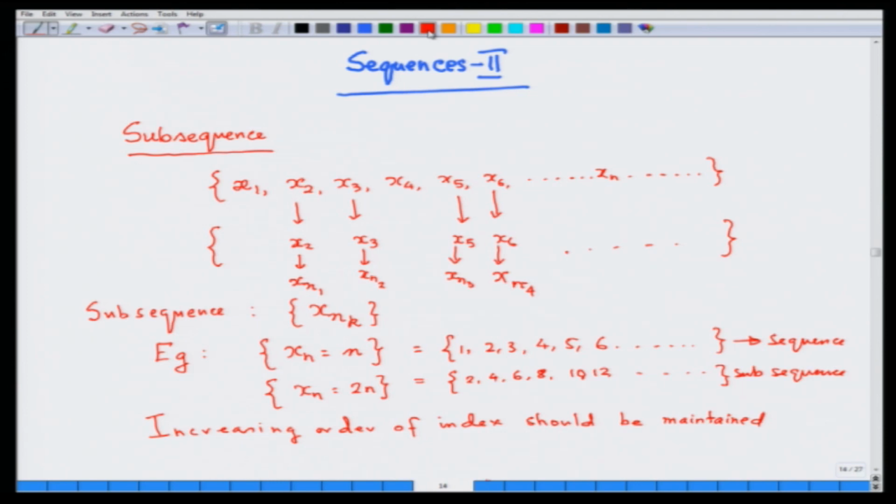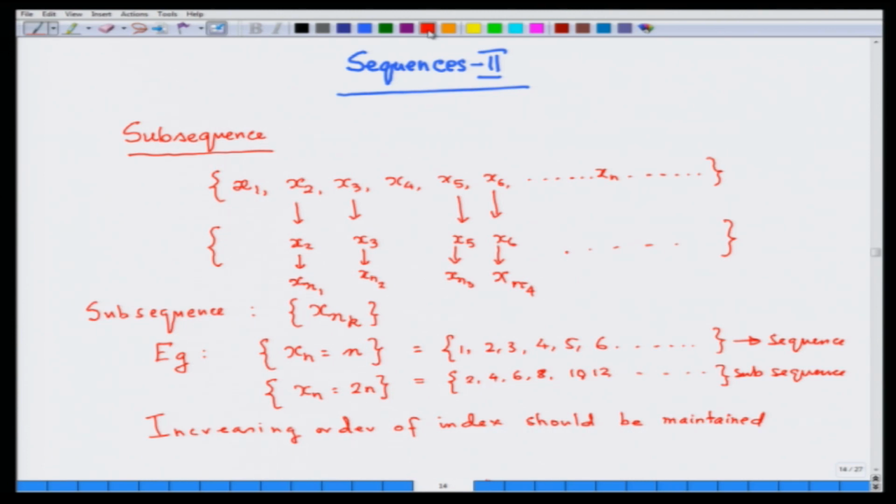So, I leave out x1, I drop x4, then I choose x5, x6, I drop x7 and I choose x8, x9, drop x10, choose x11, x12 and so on and so forth. So, drop the first, take the next two, drop the next, take the next two and so on. So, what I have created is a subsequence consisting of x2, x3, x5, x6, x8, x9, x11, x12, x14, x15 and so on.